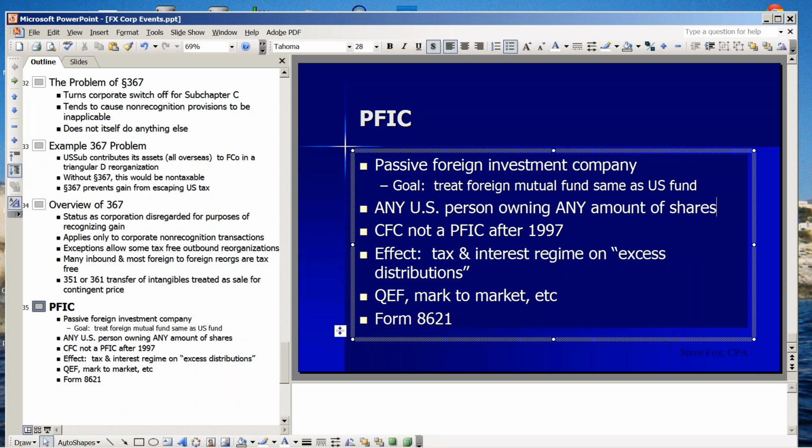Or I should say, that share is a PFIC share with respect to me. Any amount of shares, no matter how small a percentage. This isn't like Subpart F, where there's a 10% ownership threshold. Any percentage of shares.